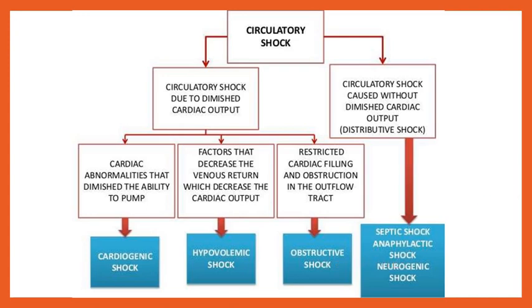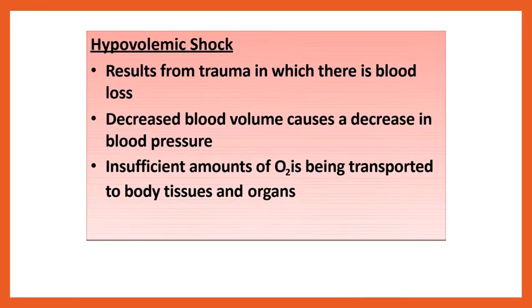The first one will be hypovolemic or hemorrhagic shock. It results from trauma in which there is blood loss, and the decreased blood volume causes a decrease in blood pressure, and insufficient amounts of oxygen are transported to body tissues and organs. This type of shock commonly results from hemorrhage or trauma or burns or surgery.